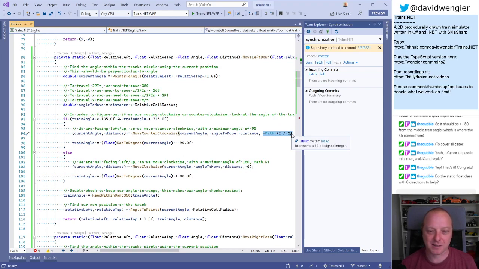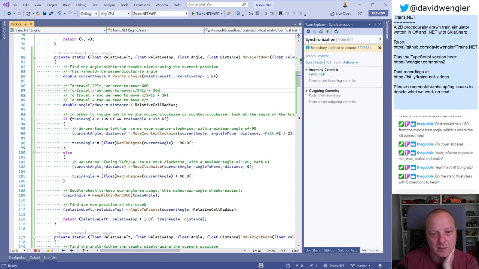So we need to express that somehow too. Unless I just normalize this and make this angle positive after we've converted it. And then from there, if we pass in these two, we should be able to work out the train angle.